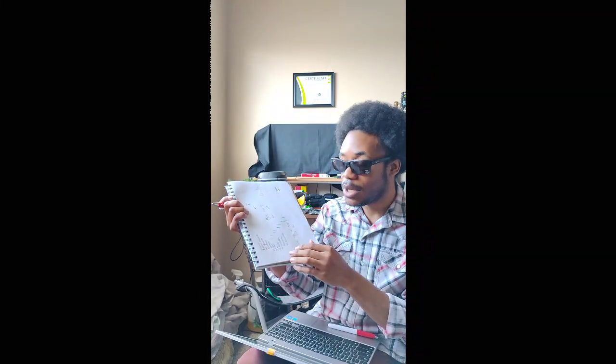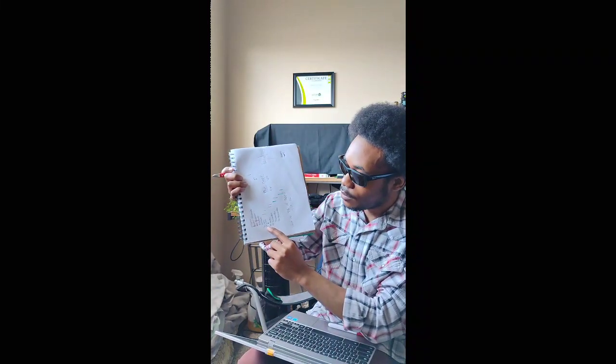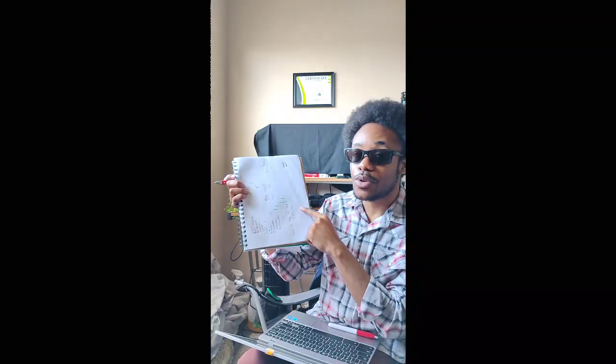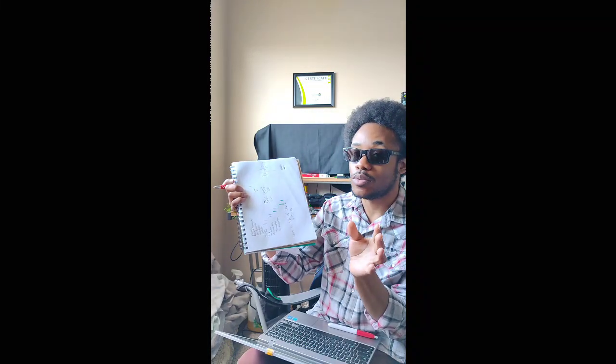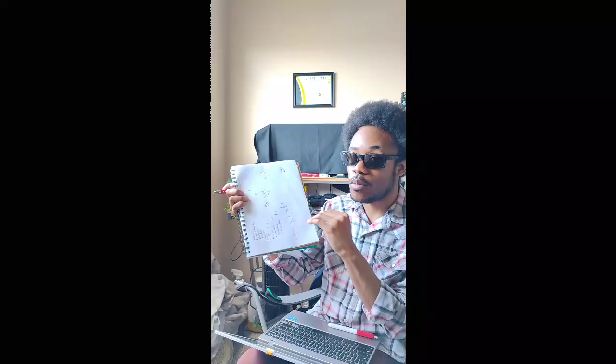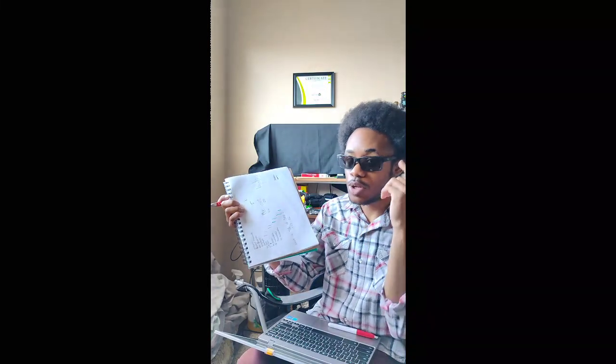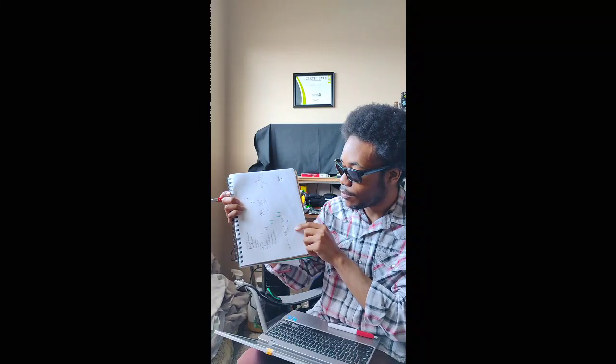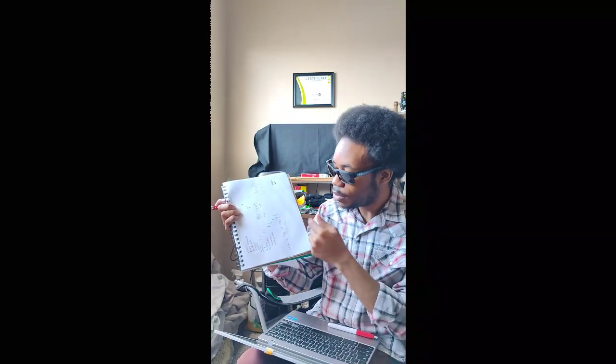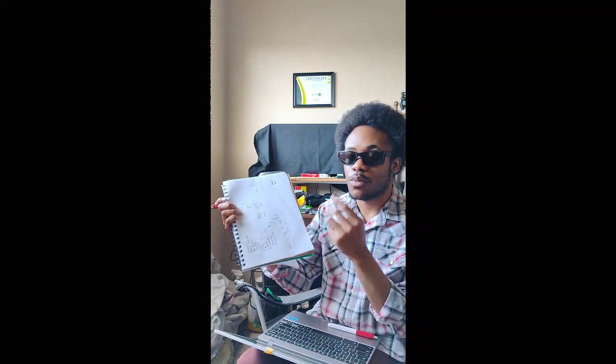Or if you said 0.21, you are correct. Because we have 7 times 3 with no decimals, no fractions, and no percents. With percents, we have 7%, and we're trying to find it out of $3. 7% of $3 is 21 cents.